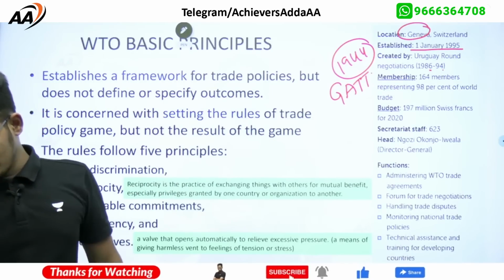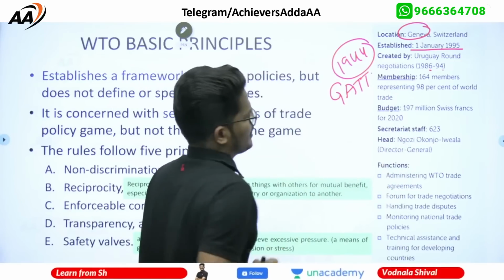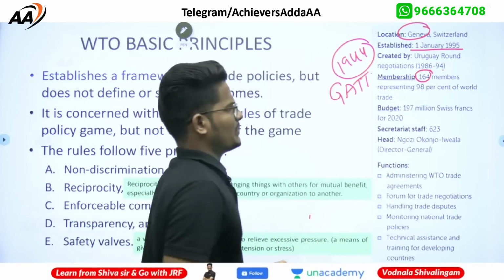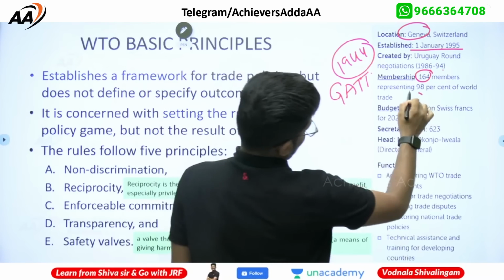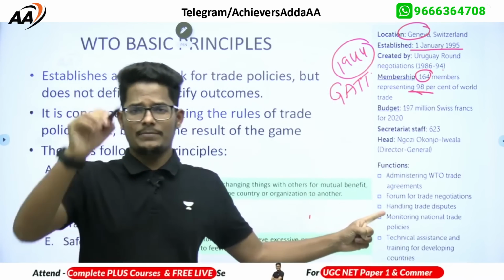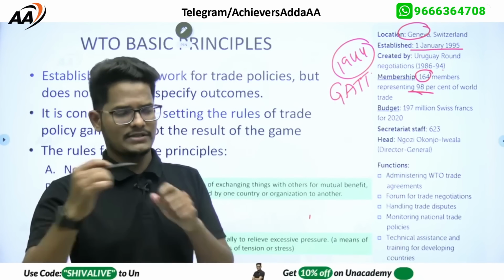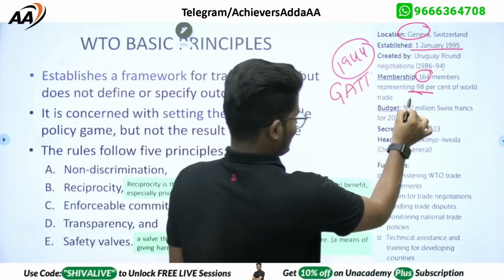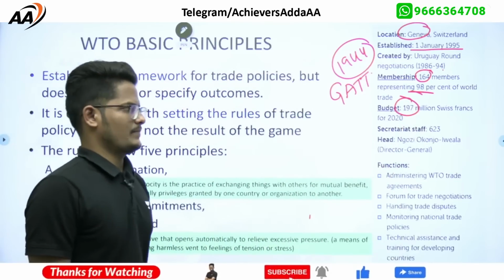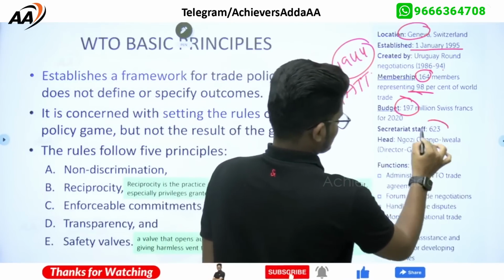And this World Trade Organization, after the announcement, now has 164 members, representing 98% of world trade. These total 164 member countries are representing 98% of the entire world trade. What is the business happening? 197 million Swiss francs for the year 2020. And the secretariat has a total of 623 members.